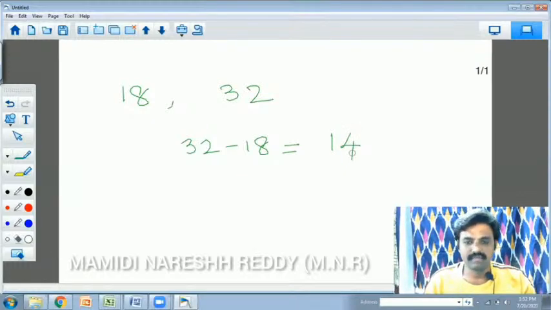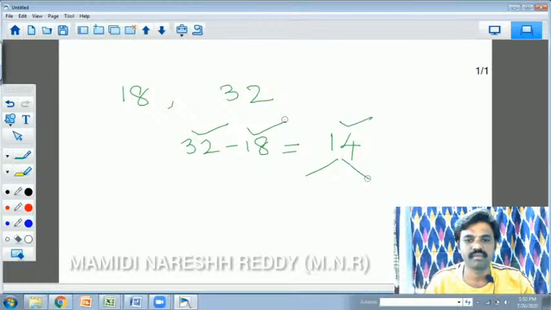But see, 14 is not a factor of 32 and also 18. In this case, what we need to do is factorize 14.